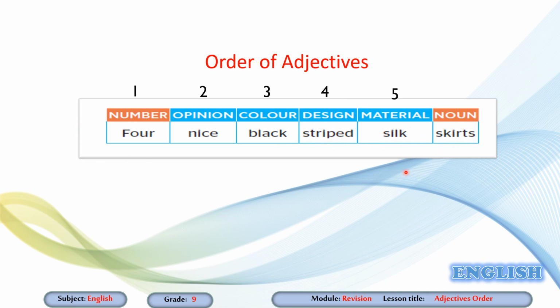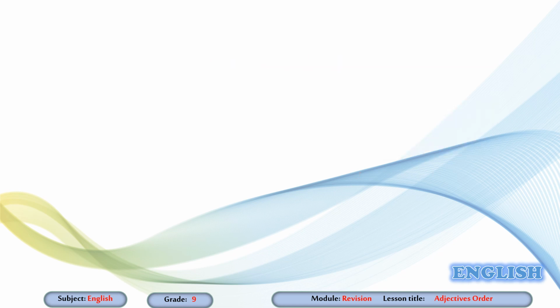Look at the order of the adjectives. They follow the rule: number, opinion, color, design, and material. Don't forget this rule when you want to describe a noun using more than one adjective.